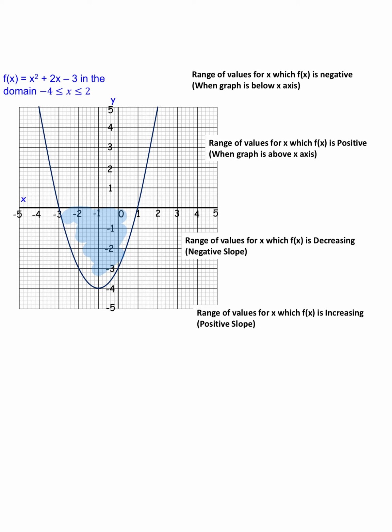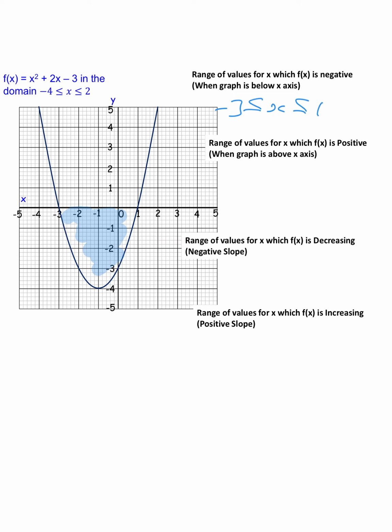So as soon as the graph gets to minus 3, then going all the way to 1, it's going to be negative. So the range of values for which f of x is negative are between minus 3 and 1. I will write this as an inequality, like that. So between these values, our graph is negative.